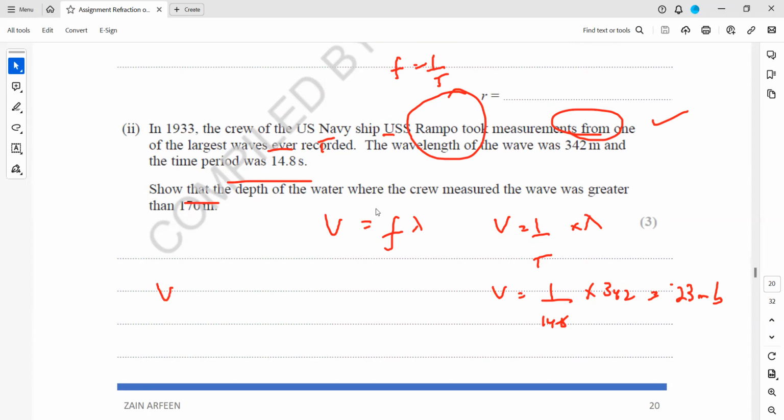So we use V equals the square root of g lambda over 2 pi.